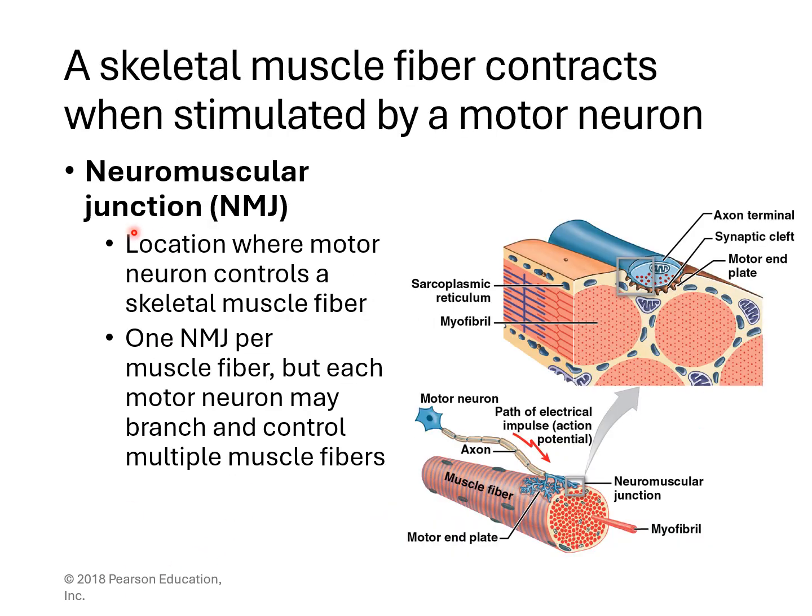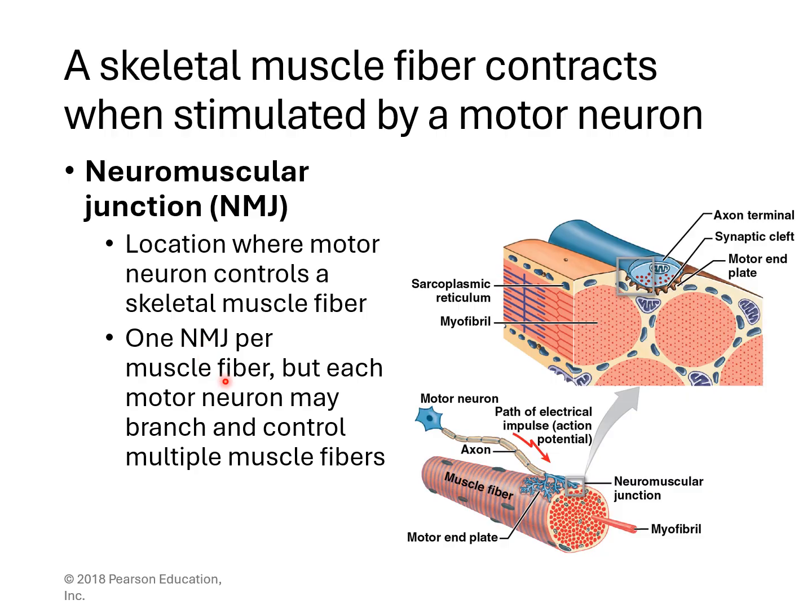The neuromuscular junction. This is where the neuron's synaptic knob comes in contact with the sarcolemma of the muscle cell. Here you can see the motor neuron, the synaptic knobs, and the actual muscle fibers. It's located where the motor neuron comes in contact with the muscle fiber, with one neuromuscular junction per fiber.